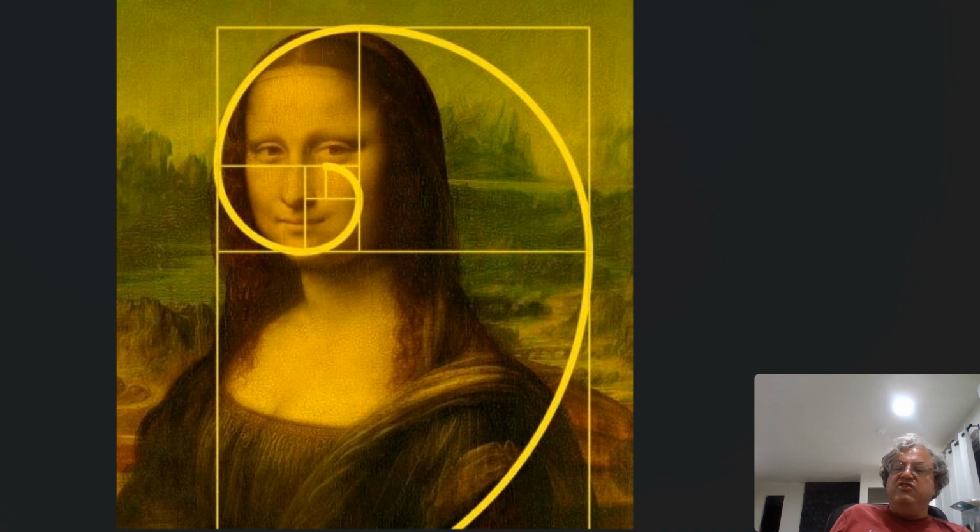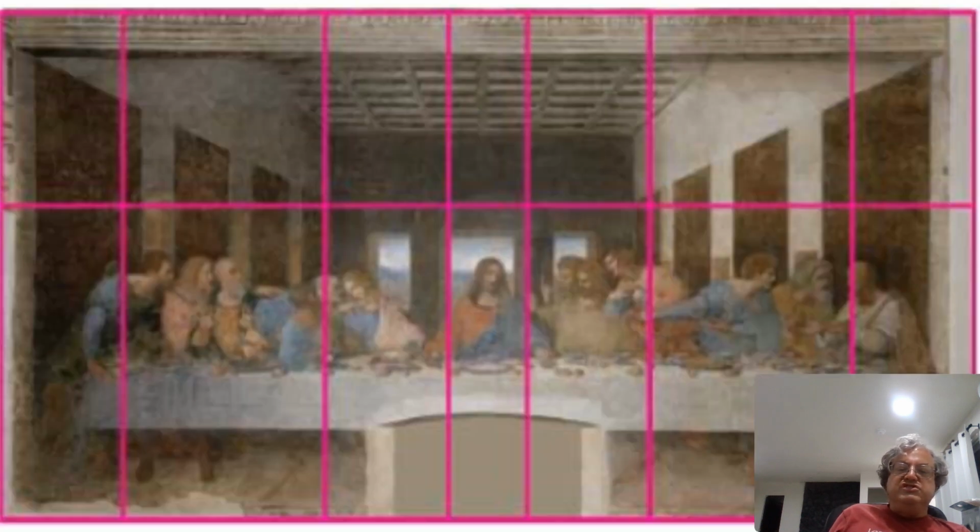Notice her face is confined to the third golden rectangle, and then you can do the rest yourself. But anyway, he did make very detailed use of the golden ratio in the Mona Lisa, and also in his second most famous painting, The Last Supper.